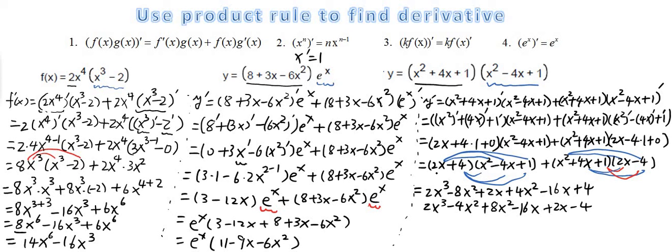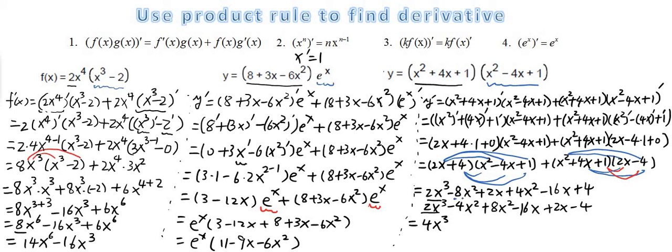Okay, now we're going to combine the terms. Let's take a look. So here we have the x cubed. Here we have two terms, right? 2x cubed plus 2x cubed is 4x cubed. Now we try to find the x squared.